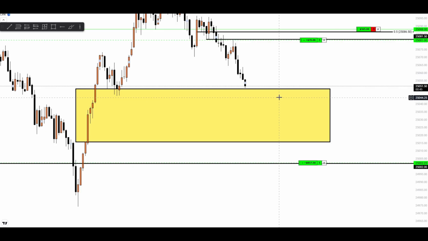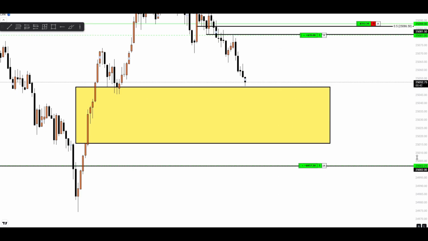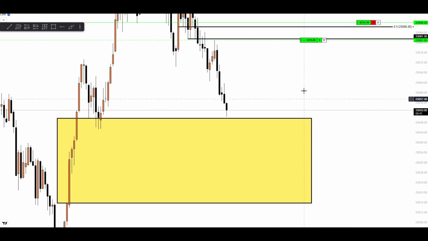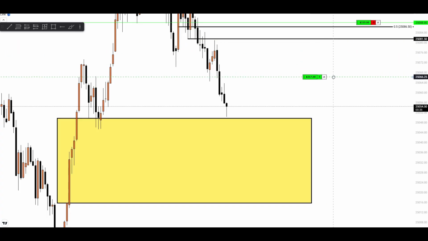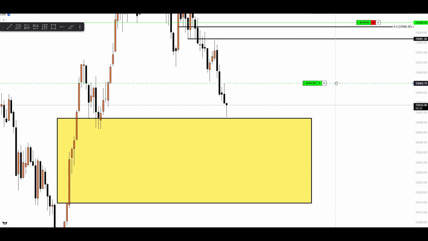Coming down into that target. This is kind of a nice place to trail, especially if the candle closes like that.